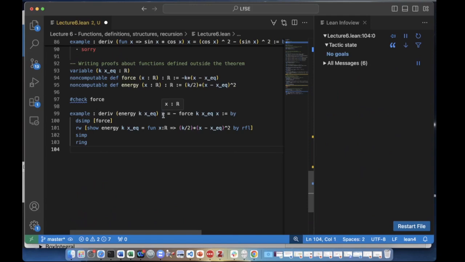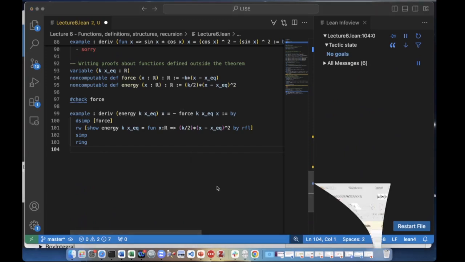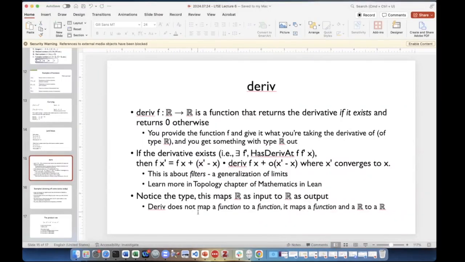Okay, and one more question that we have coming from the last point of this slide. Deriv does not map a function to a function. It maps a function and a real to a real.